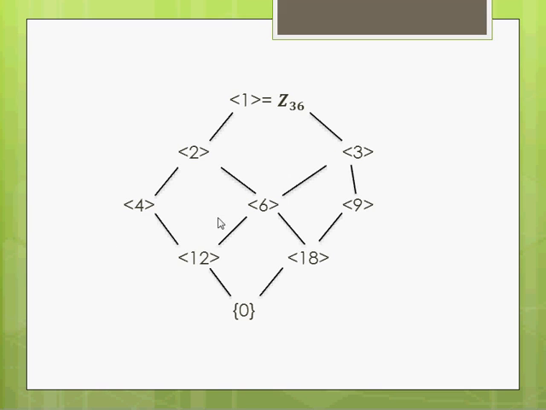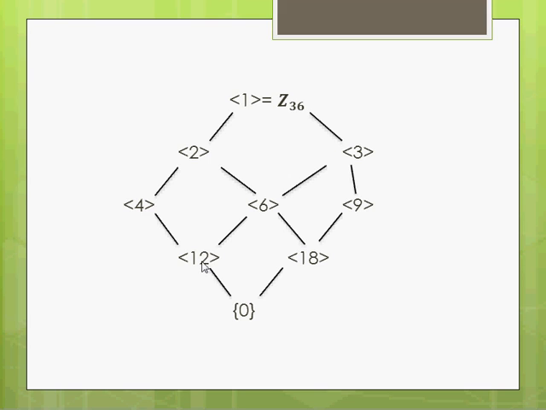However, 4 over here is only a subset of 2. And 9 is only a subset of 3. 18 you can get by either 6 or 9. It's contained within both of them. 12 is contained within 4 and 6, the cyclic subgroups generated by 4 and 6. And 0 is contained within all of them.